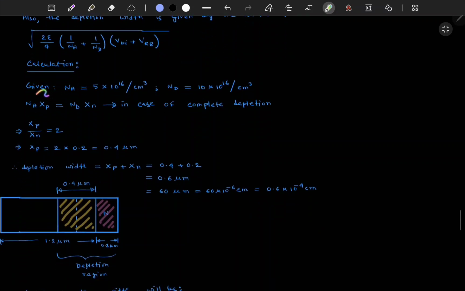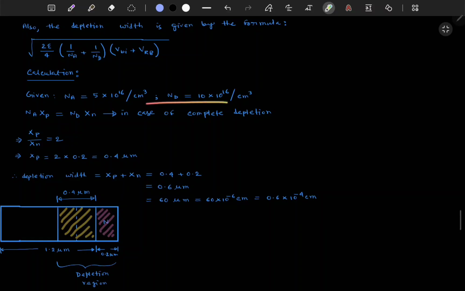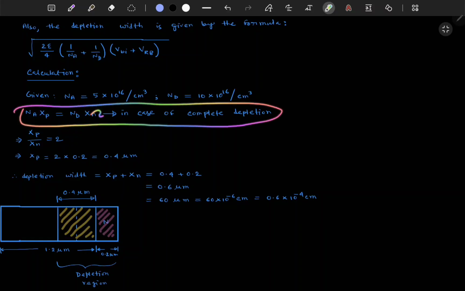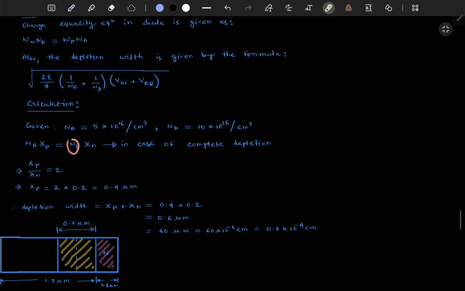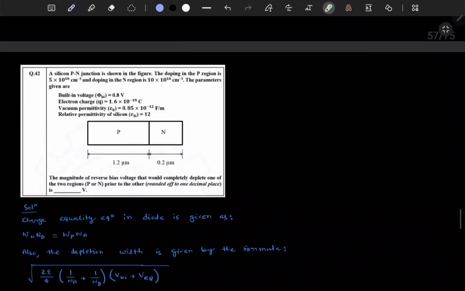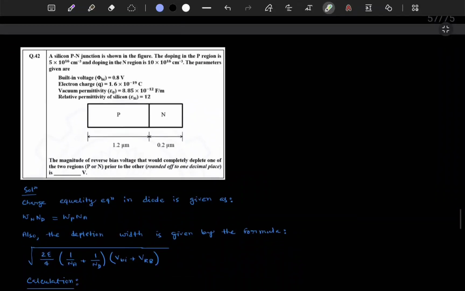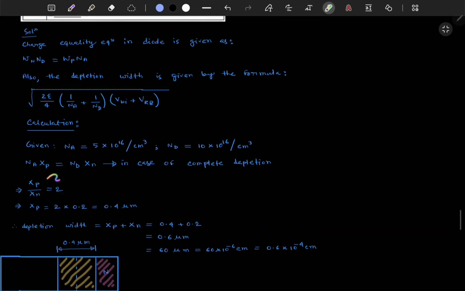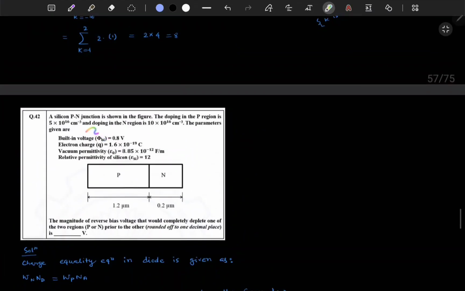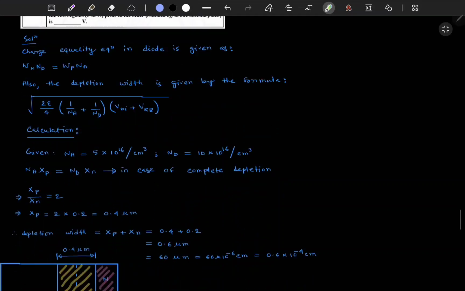Calculation. So here Na and Nd are given. Now in case of complete depletion, here the complete depletion width in the p side and n side, Na and Nd are the doping concentrations of the acceptor and donor. So it will be 2 only, because the Na and Nd values we have in the question.